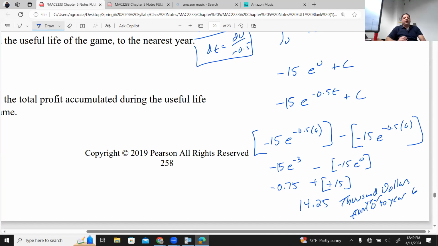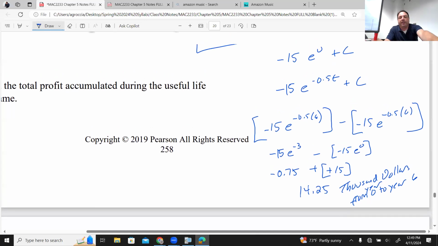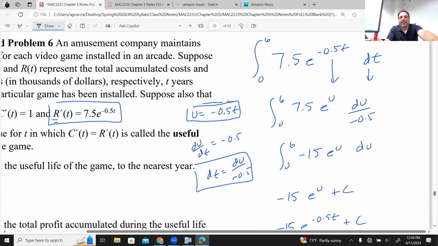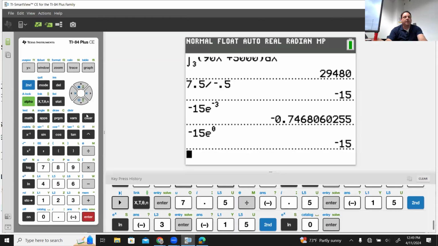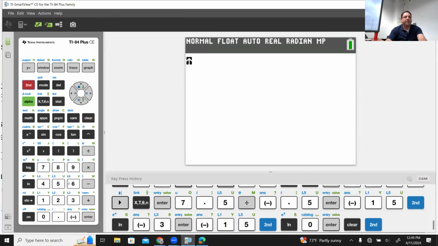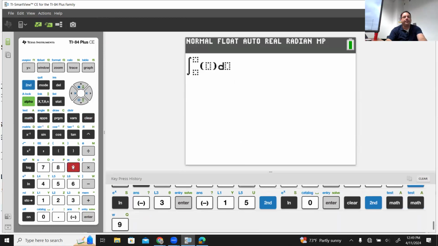Okay. Now, I'm going to give you a preview of the last part. We're not done yet. There's a very, very small part that I don't want to push today. We'll do it next class. But to finish this problem, let's check it in the calculator and really explain what it means. So if I'm going to check this in the calculator, we literally plug in the original. So I go to the calculator. I go to math, math 9.